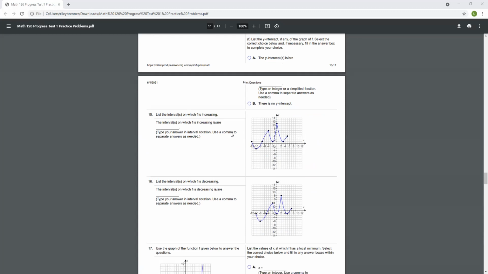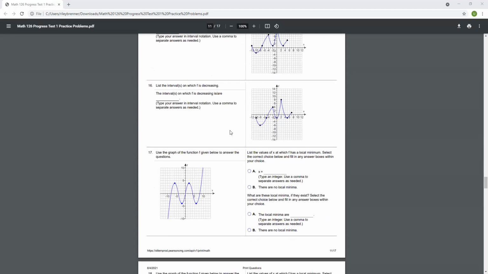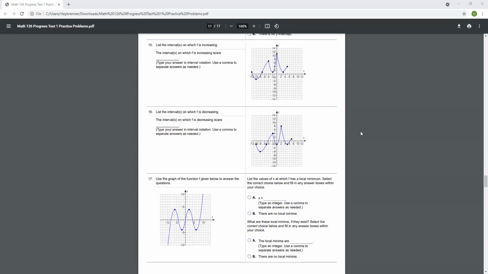Just as a reminder, the way I like to think of it is if I'm tracing the graph and I'm going down, that is decreasing, right? Between the 2 points where it starts and whatever this minimum is, I should be able to draw a line, and I'm going from left to right. Well, that's some kind of straight line with a negative slope, right?